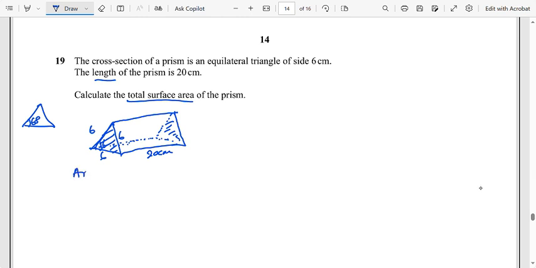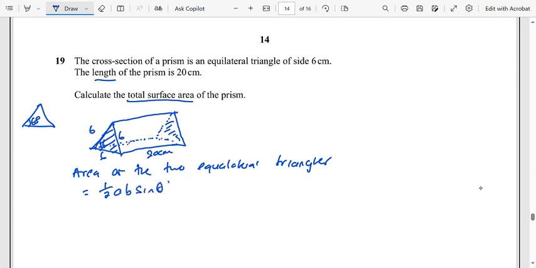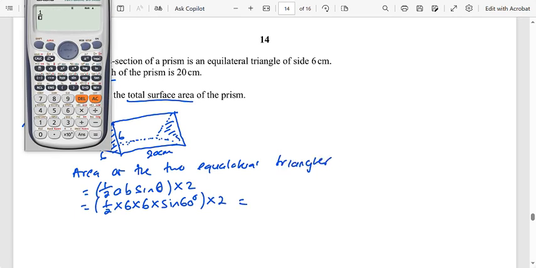So I'm going to say the area of the two equilateral triangles is equal to half AB sine theta, then we multiply that by 2, which is half times A, which is 6, times B, which is 6, times sine of 60 degrees, then multiply that by 2.